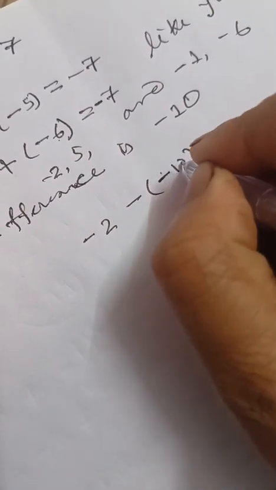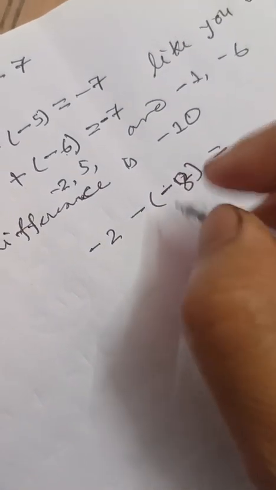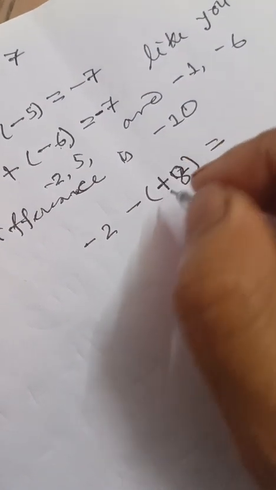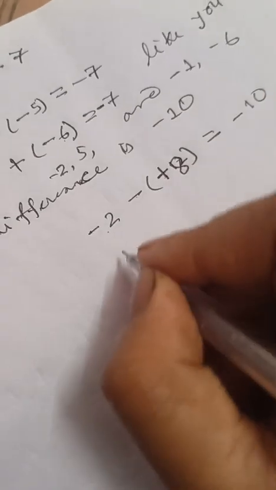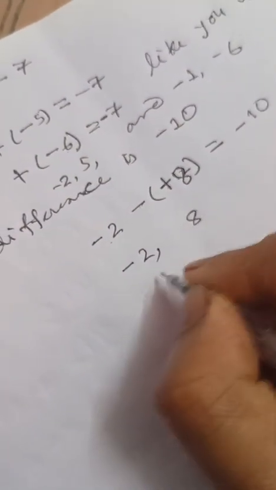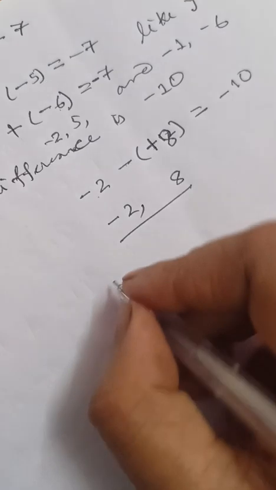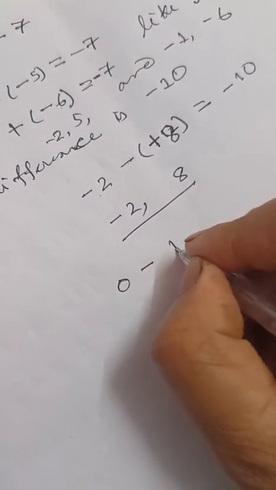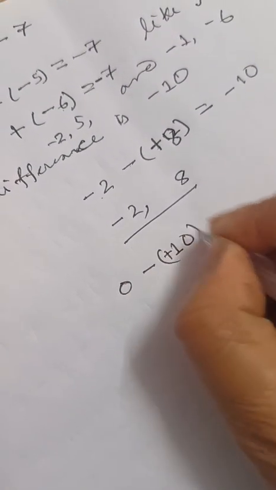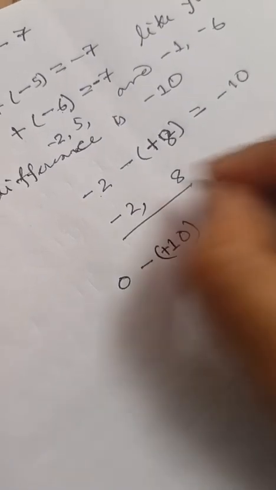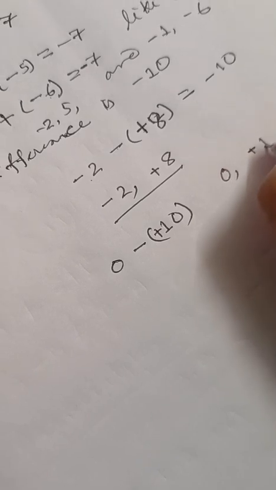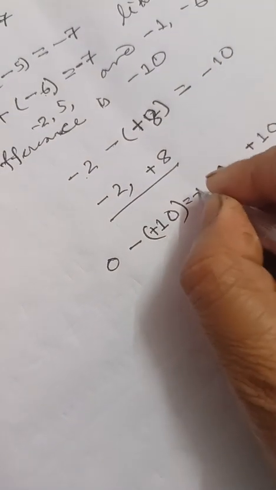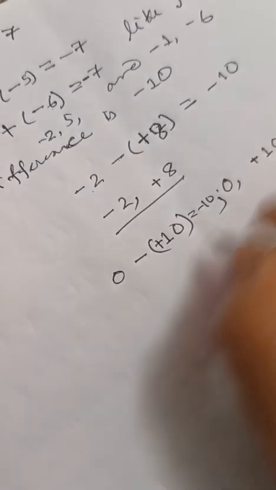This is wrong, this is 8. Okay, this is plus. Understand? Minus 2 minus plus 8 is minus 10. So the result is minus 2 and 8. Then you can write 0 minus 10, or you can write 0 comma plus 10. Okay, the difference is negative 10. Like this you can find.